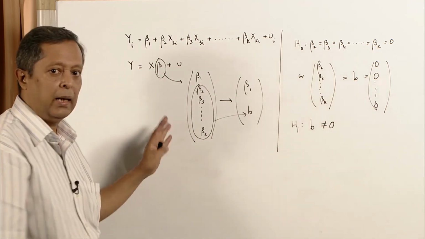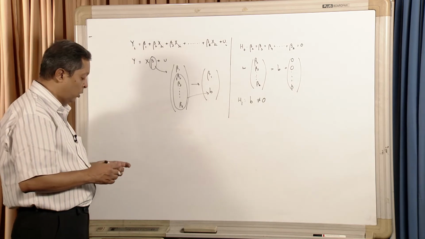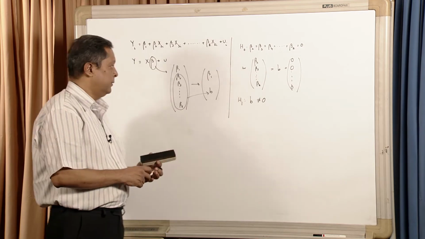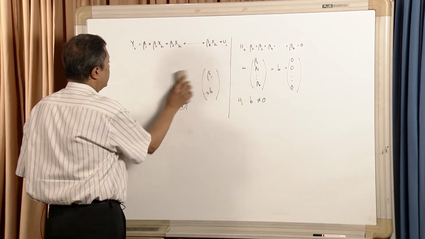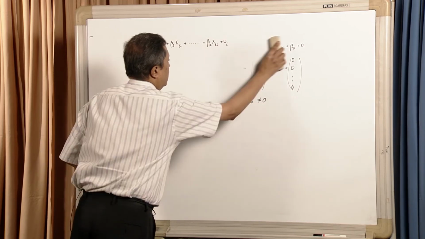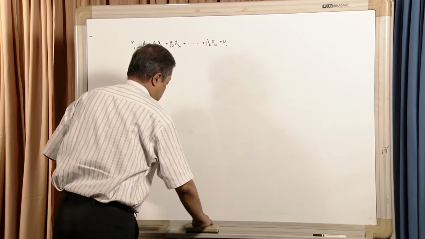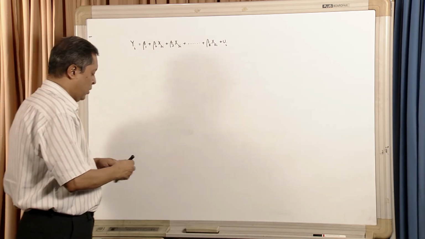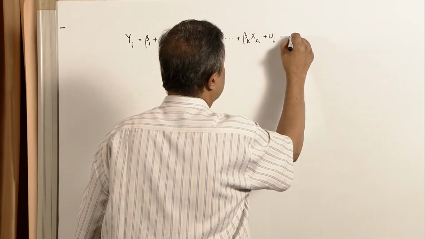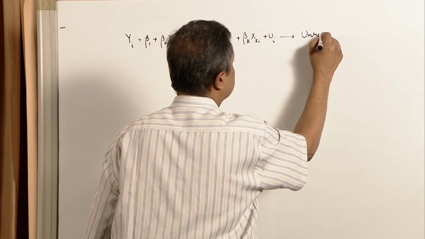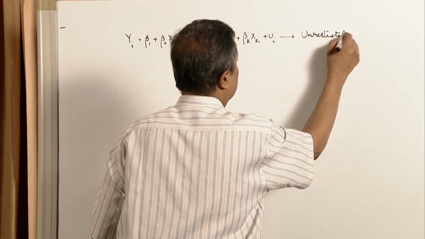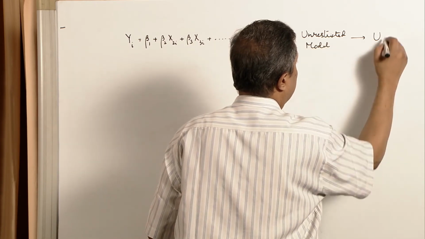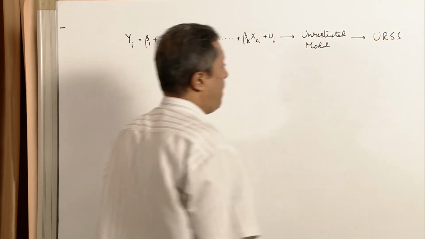And let us apply the restricted and unrestricted model approach, and let us see how we can connect it with what we have studied earlier. So, under the null hypothesis we have the restricted model, and this is the unrestricted model. So, from here we estimate this. This is the unrestricted model, and from here we obtain the unrestricted residual sum of squares.